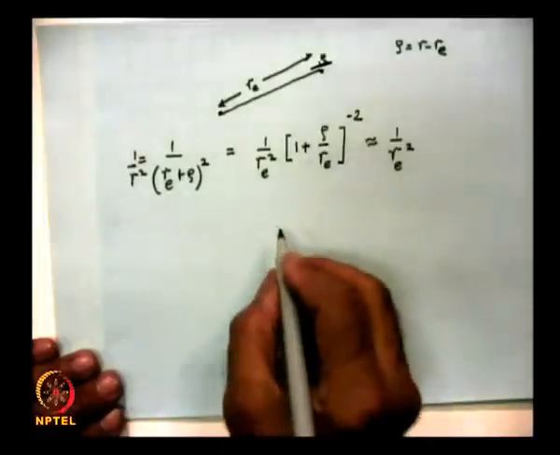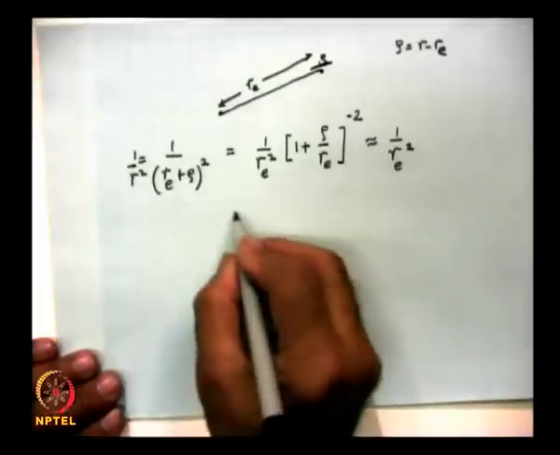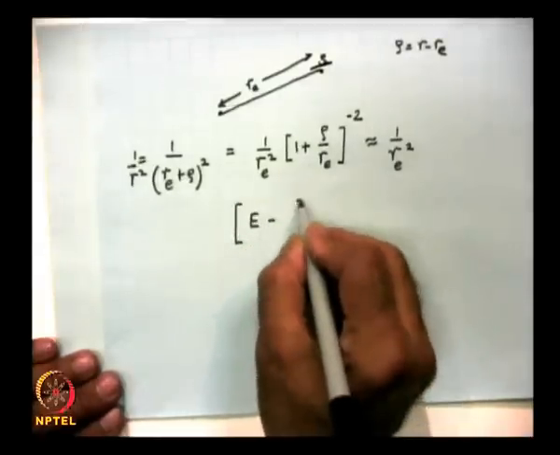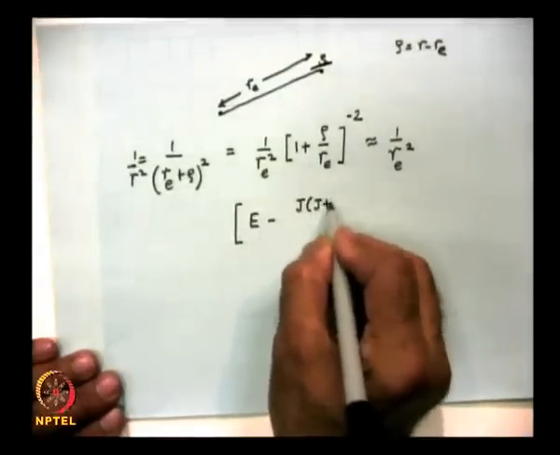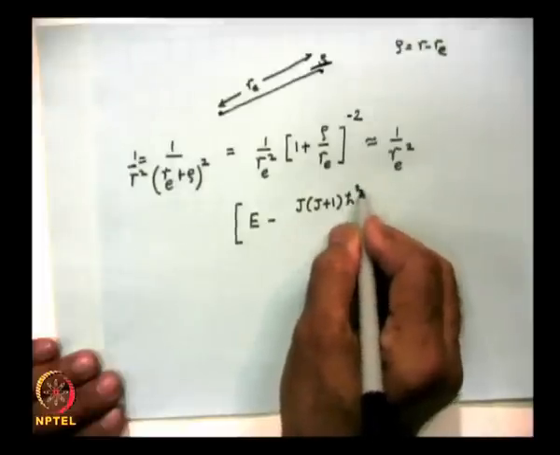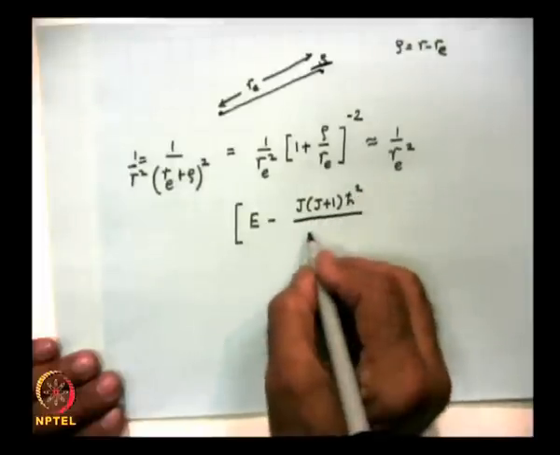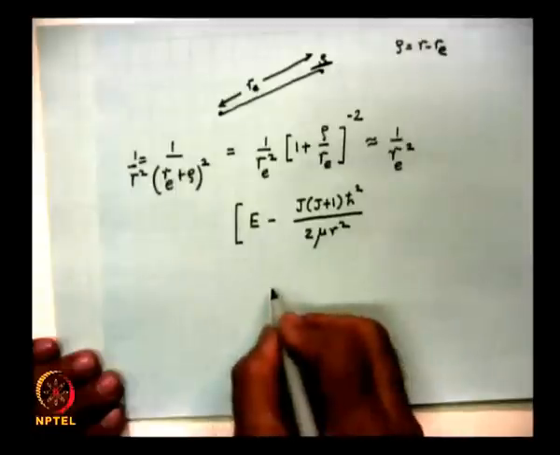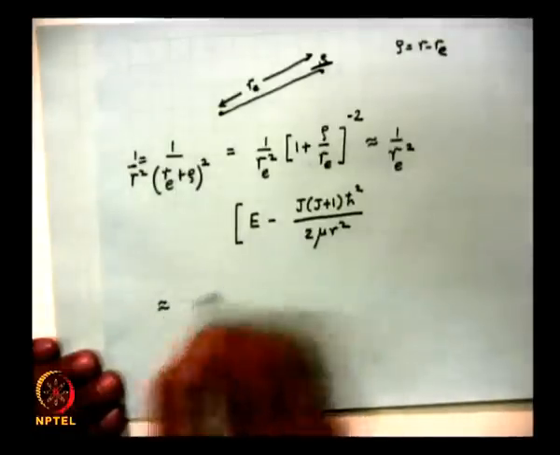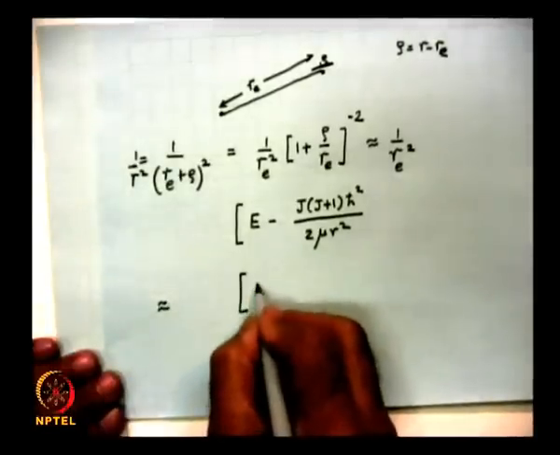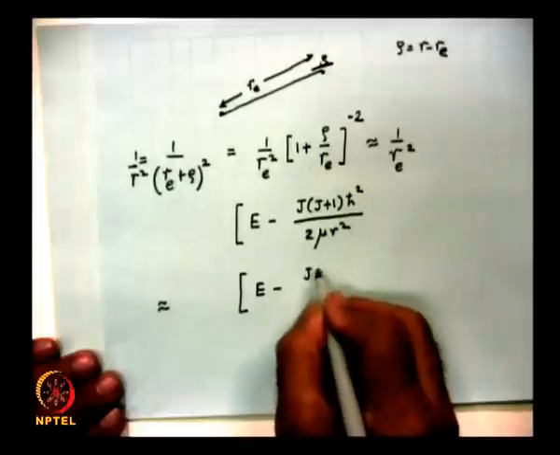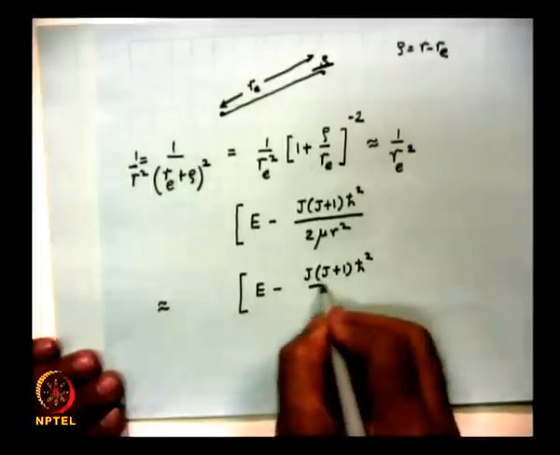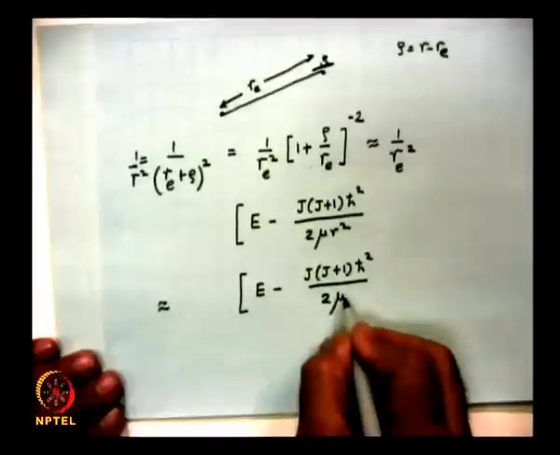Therefore, the term inside the square brackets, E minus J into J plus 1 h cross square by 2 mu r square, will be approximately equal to E minus J into J plus 1 h cross square by 2 mu Re square.